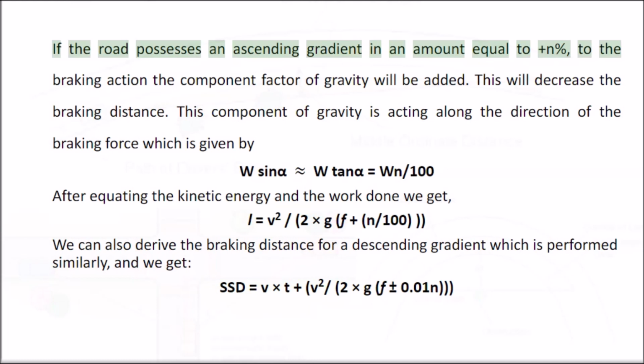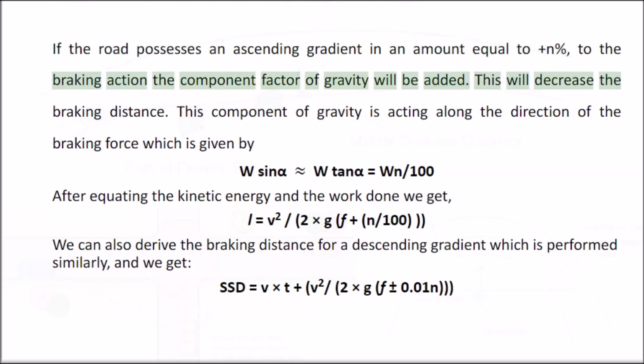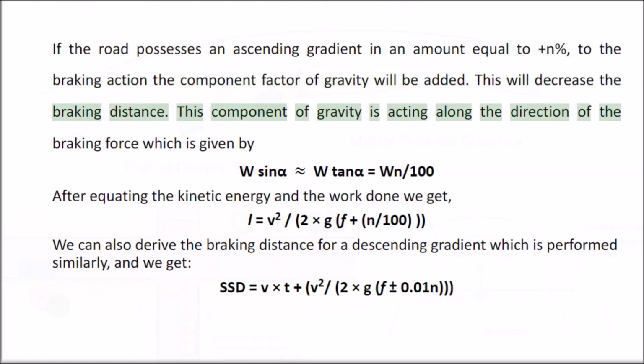If the road possesses an ascending gradient equal to n%, the component of gravity will be added to the braking action. This will decrease the braking distance.